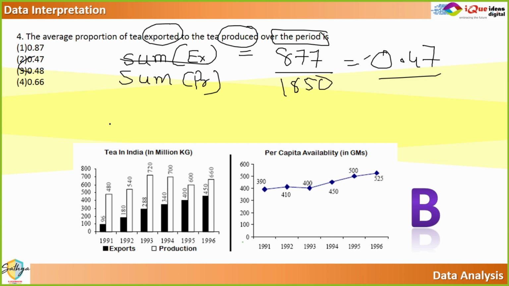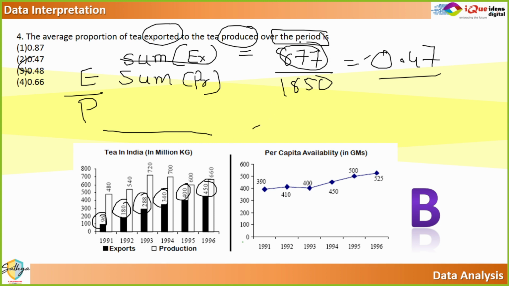The entire 6 years में जो export हुआ है and जो production किया है उसका अपने को आंसर निकालना है. So you just have to add all the exports. So 96 plus 180 plus 288 plus 340 plus 400 plus 450. I mean, my addition may be wrong. Just check the addition. This might be 8770 if I'm not mistaken. Whatever. Just check the addition part of it.